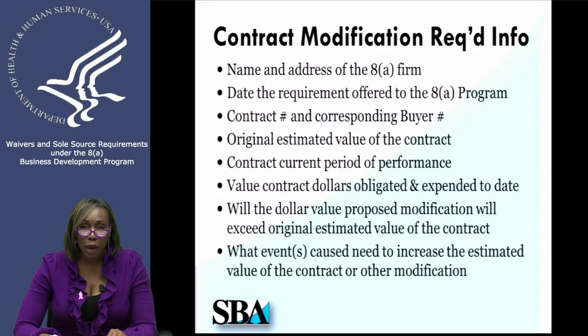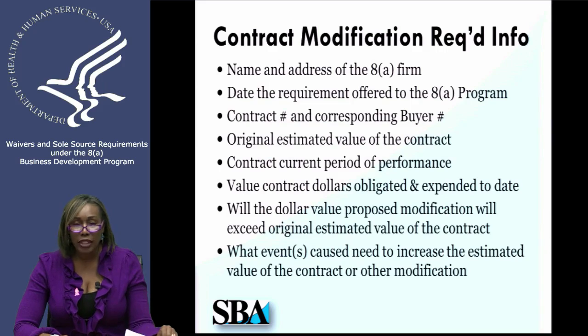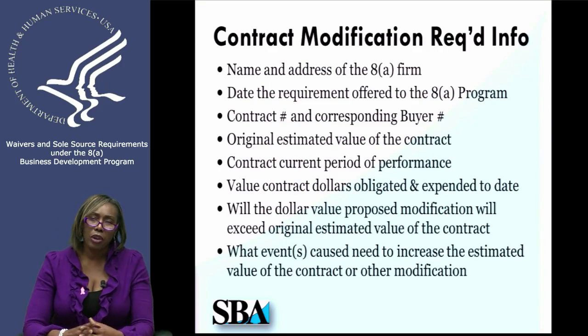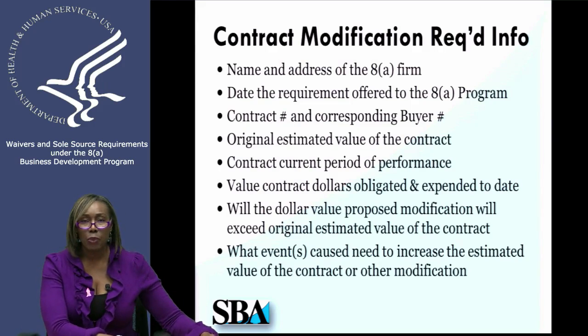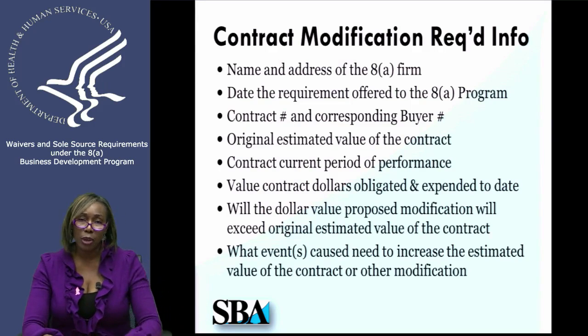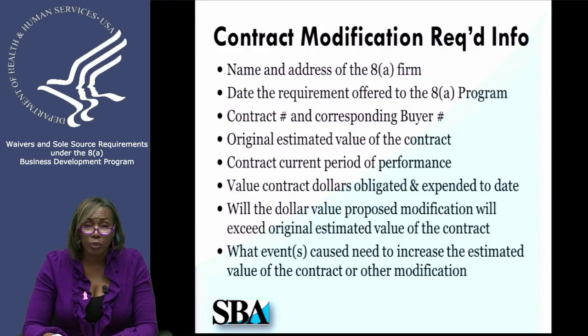When we're looking at mods, we're asking for those things because we want to ensure that, I'll give you an example. We have times that we may have a $4 million sole source award. And there are some extenuating circumstances. Maybe for time purposes, you need to modify that contract and you want to add a little bit more money just to give you some time to make your new award.